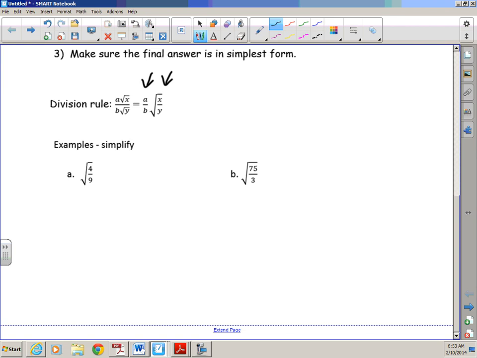In the very first one, we have the square root of 4 divided by the square root of 9, which is simply 2/3. In the second example, neither 75 nor 3 is a perfect square, but if we do the division first, we get the square root of 25, which gives us 5. Those are the types of things we want to look for right away.